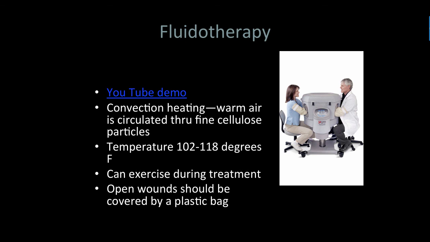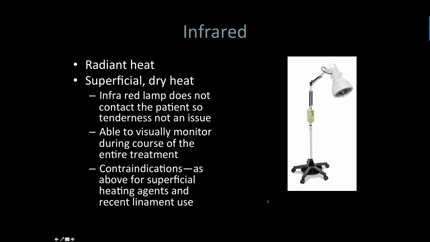Typical use is some cellulose particles, so there's also some sensory effect from doing this as well. The temperature range is what's listed there, 102 to 118. The nice thing is it's very active. You're able to exercise, you're able to joint mob, and utilize it that way. So it's a nice piece of equipment to have, especially if you're doing lots of hands.